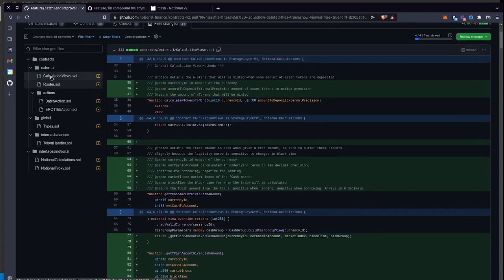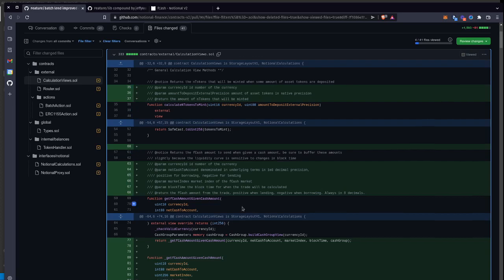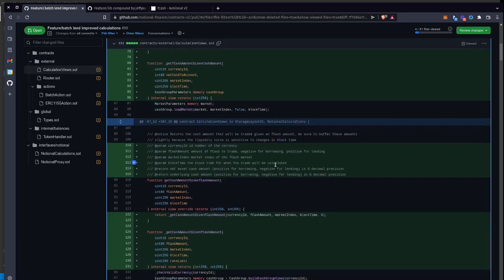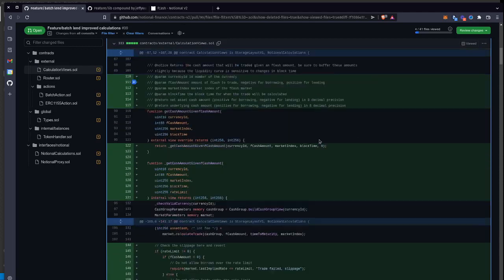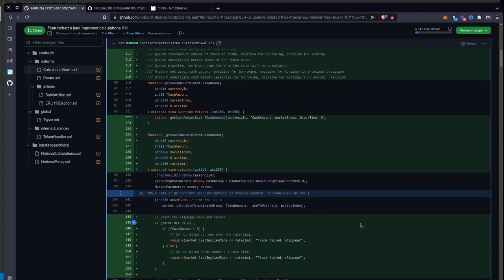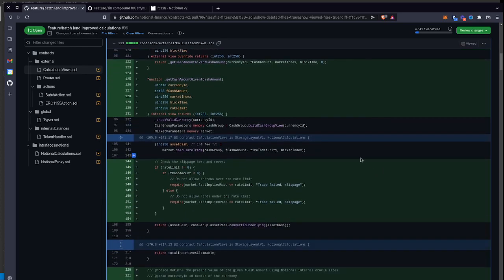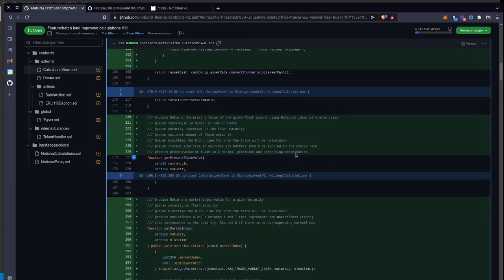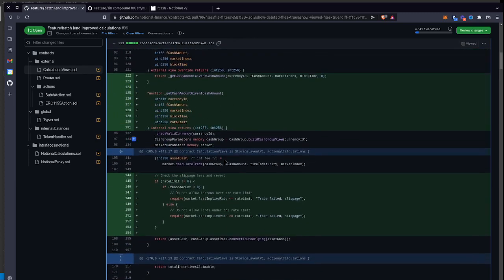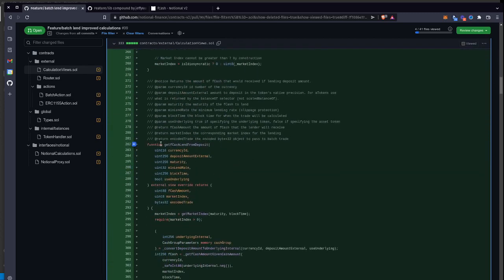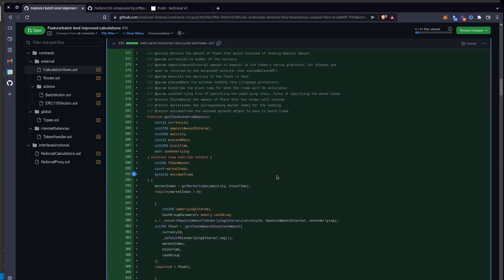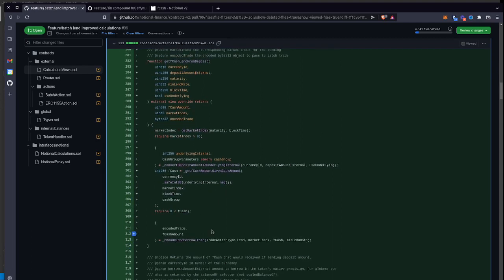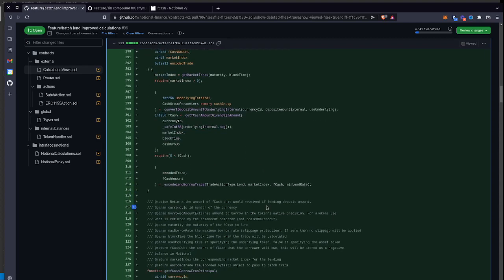One is an update to the calculation views. So this is basically making these calculations that we already have inside Notional more user friendly. Instead of something opaque like we had before, there are more friendly names, like get fCash, lend from deposit. Inside Notional we use different decimal precisions, so this will do the conversion back to native token precision, like 18 decimals for DAI, 6 decimals for USDC.